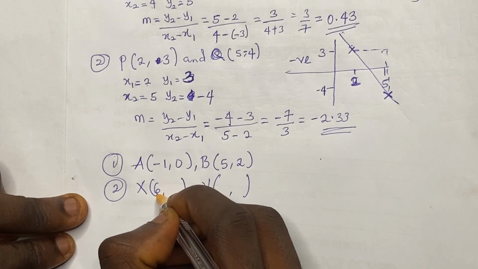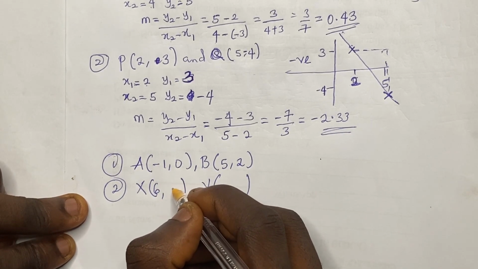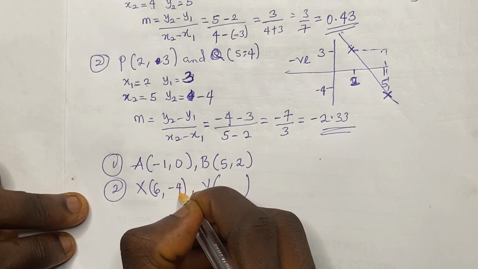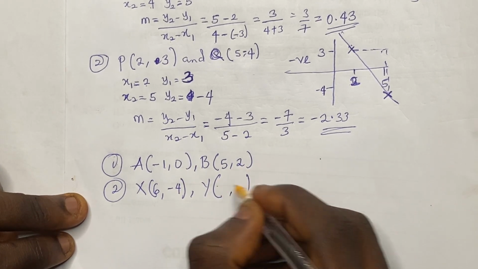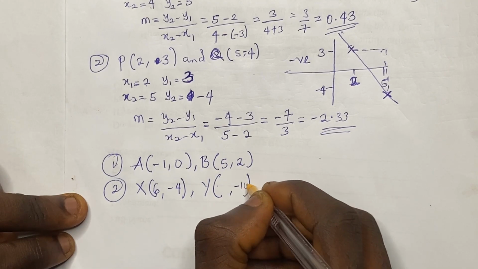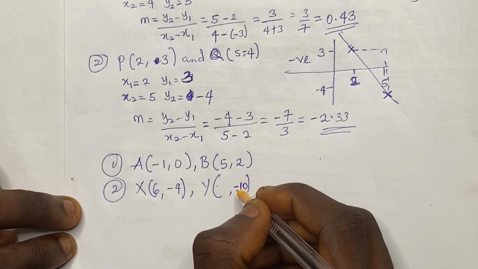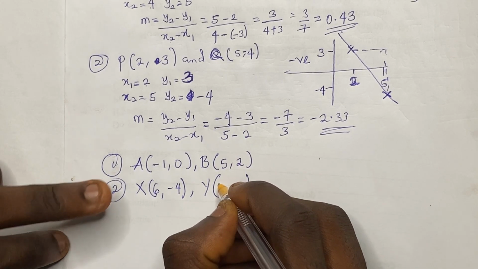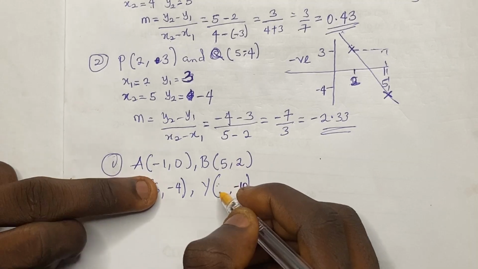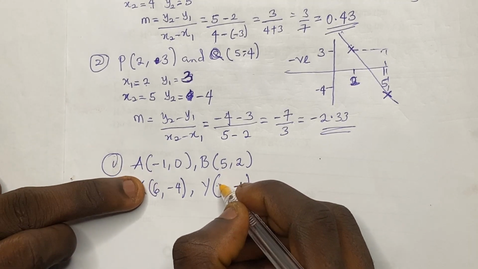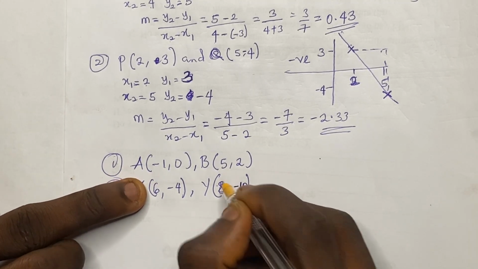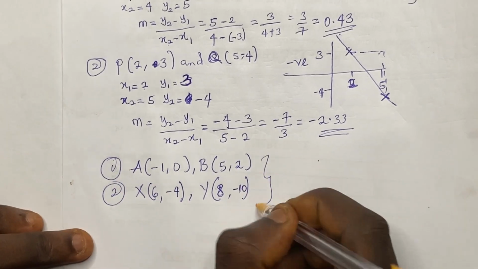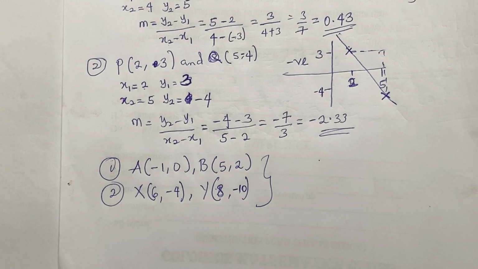Let's say x1, y1 is 6 and minus 4, and then minus 10. x2 should be bigger, so let's say 8, minus 6, minus 10 plus 4. All right, so do this as assignment, put it on a graph, and let's see what you have.